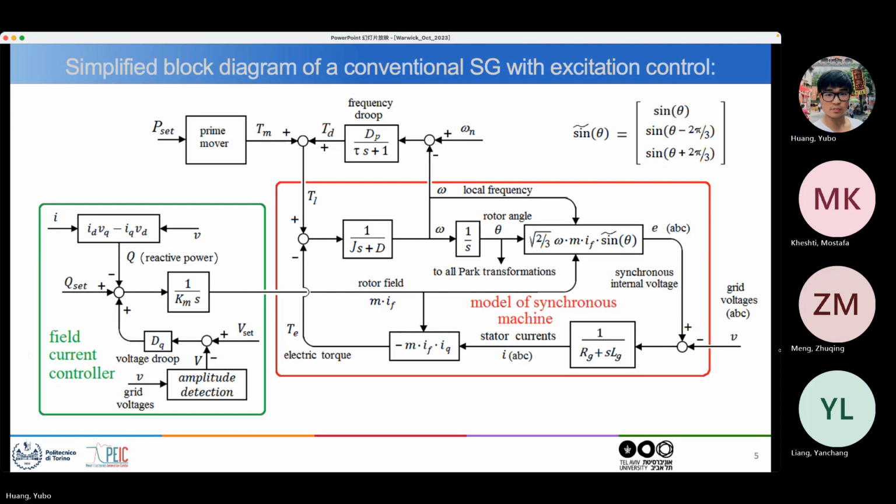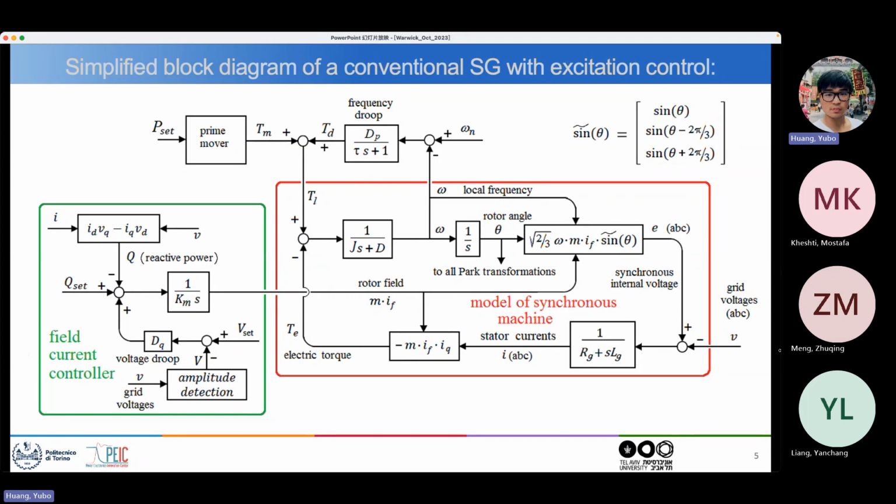And then, once you have the angle, and you also have the rotor field which comes from the excitation control, a certain rotor field, MIF, where M is an inductance term and IF is the rotor current. So you put together the angle, the rotor field, and the frequency omega, which comes from here. And you put it into this formula, and you get what is called the synchronous internal voltage, E.